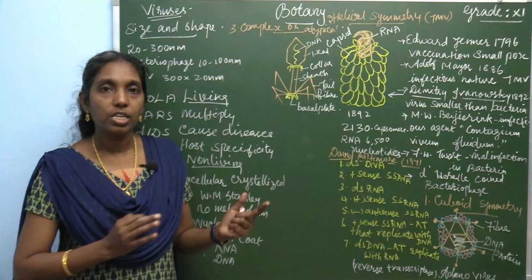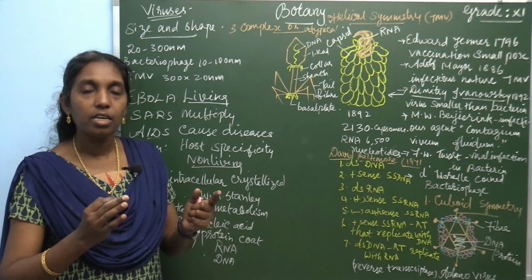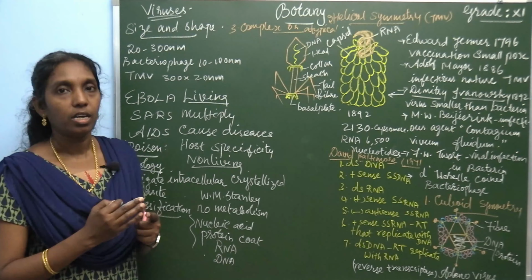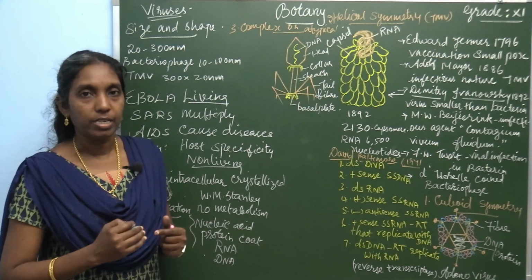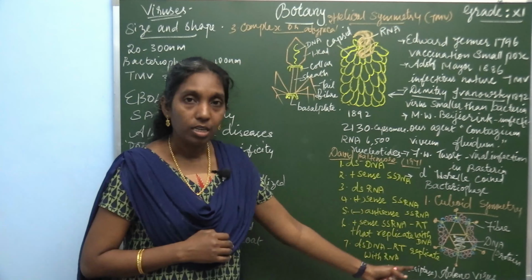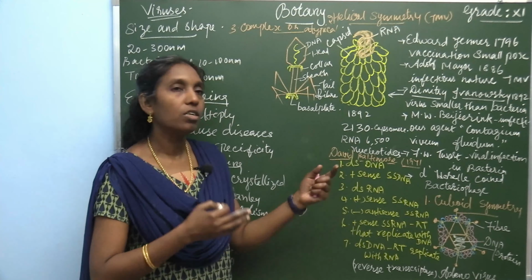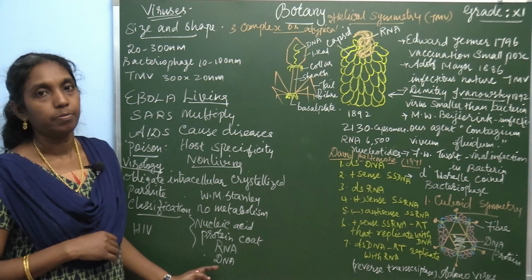And almost the shape of this nucleic acid content is either linear or circular. In a few cases it is segmented. Those are the exceptions. So, first you learn the classification. It is a very simple classification based on the nucleic acid content.